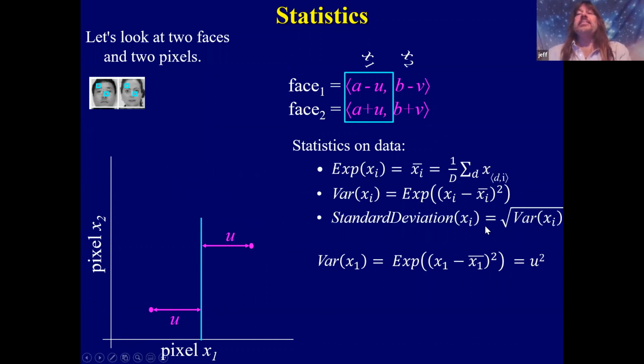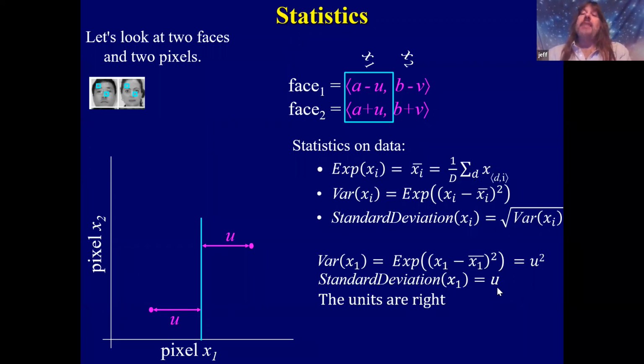And when we take the standard deviation, what you do is you take the variance and you square root it. So that gives us back to a standard deviation of U. And why do we do that? Well, I like to think of the units. If we're measuring brightness here in terms of, say, meters or in terms of joules or something, then the variance is going to be meters squared.